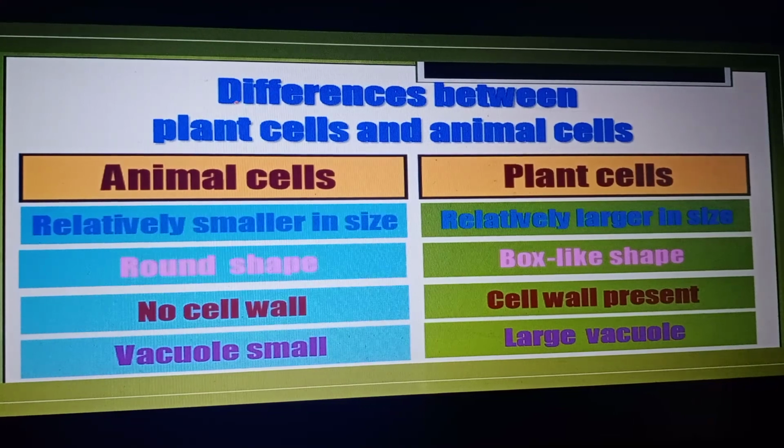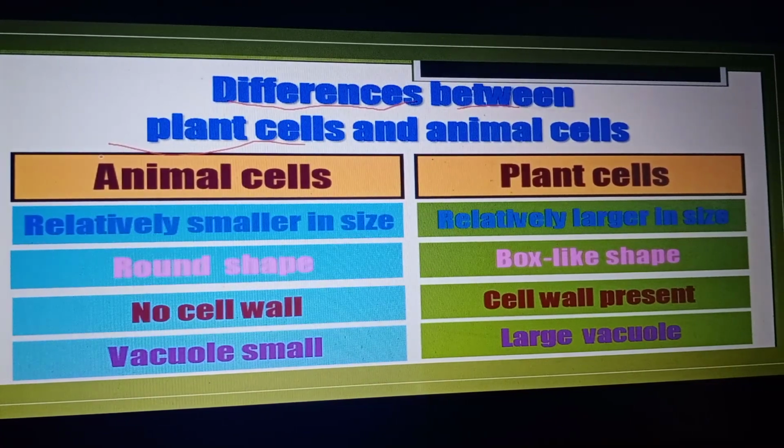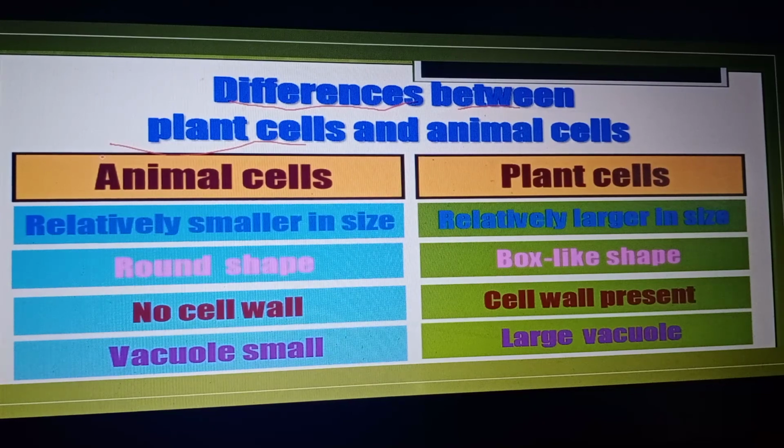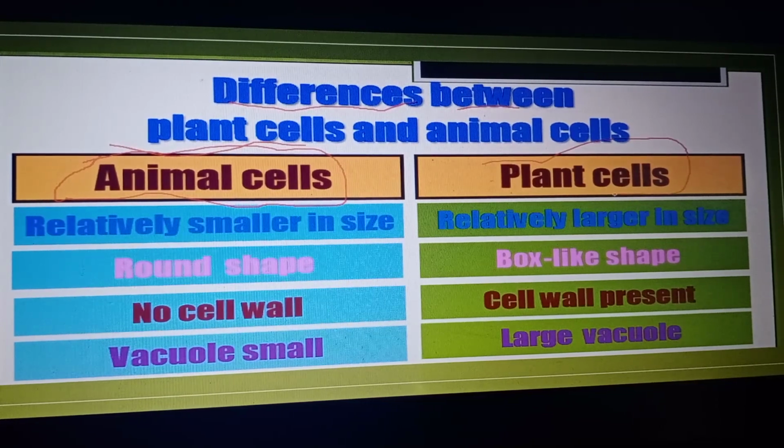Now let's have the differences between plant cells and animal cells. Different meaning they don't have the same characteristics. These are the things where plant cells and animal cells are not the same. So animal cells, as I told you a while ago, are smaller.